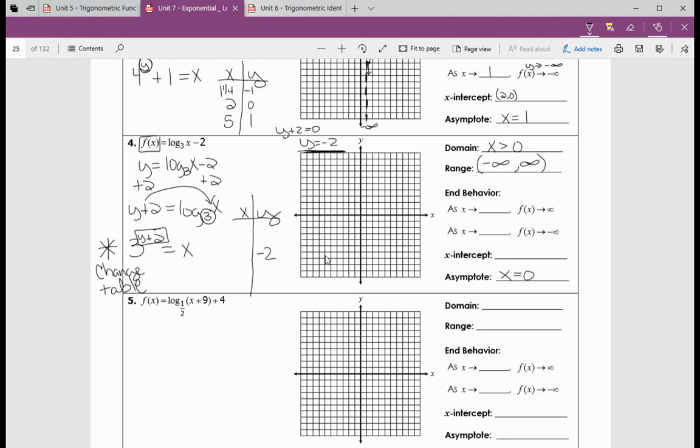So I'm going to put negative 2 in the middle, negative 3, negative 1. I'm going to throw 0 in because I'm going to need that point to identify my x-intercept. So I'm going to go ahead and do that 0 point. Everybody okay with that so far?